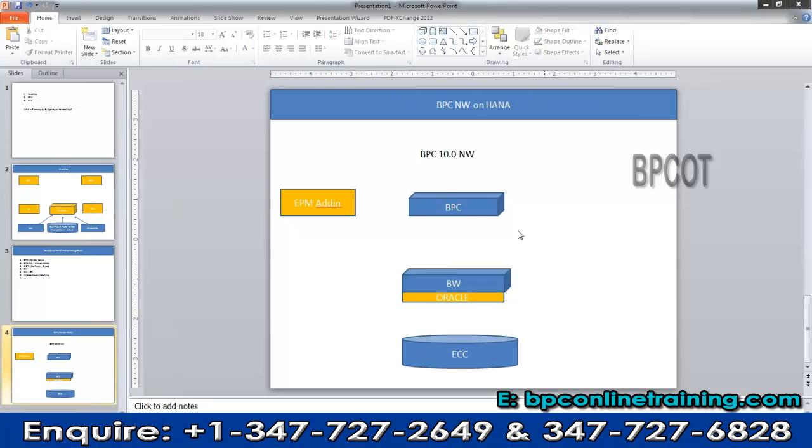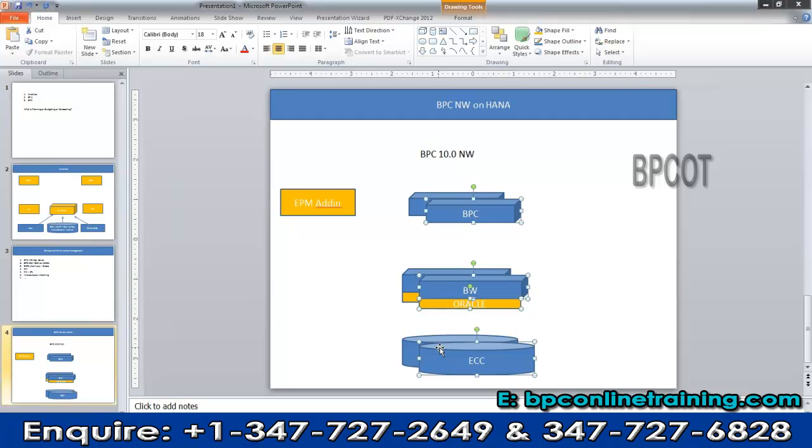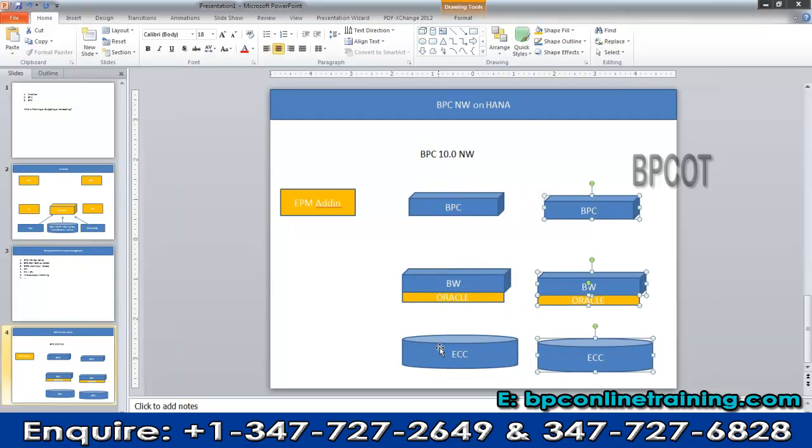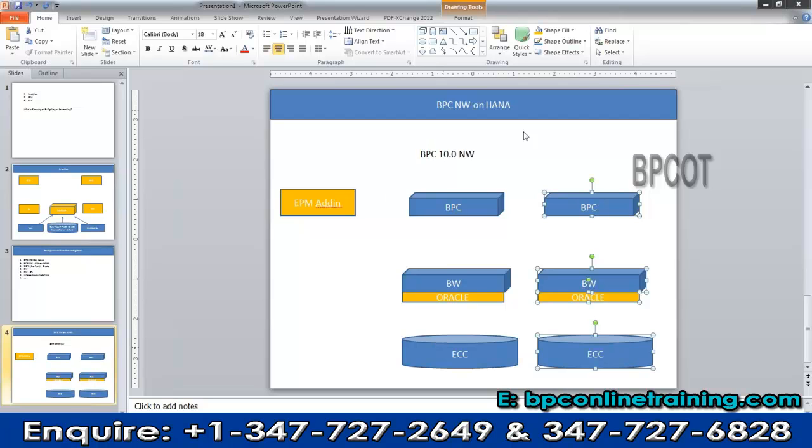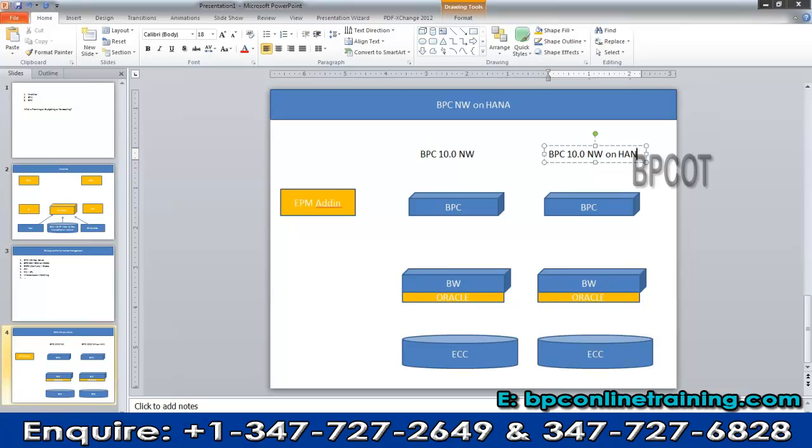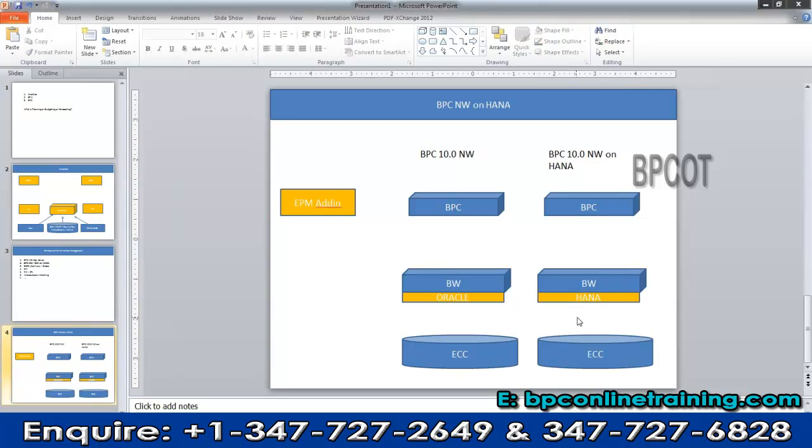When I say BPC NetWeaver and HANA, the little change here is that instead of Oracle, the database is HANA. That is the difference.